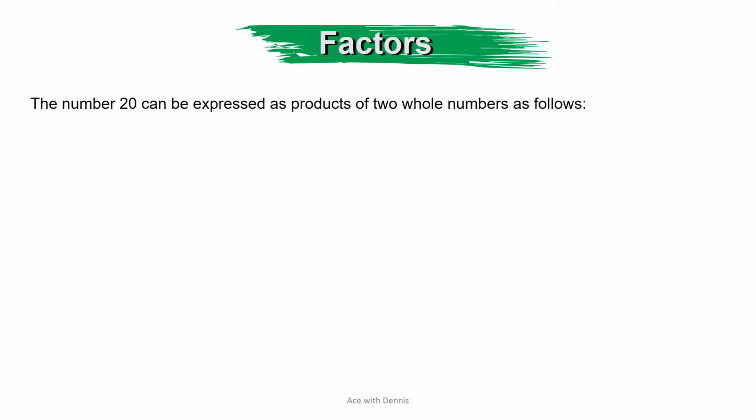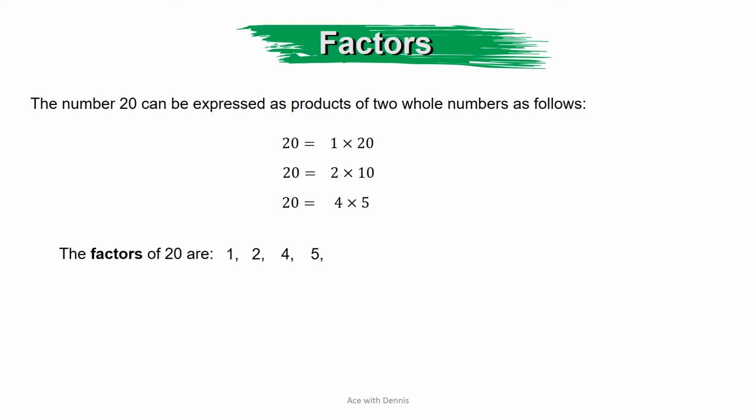The number 20 can be expressed as products of two numbers as follows. 20 equals 1 times 20. 20 also equals 2 times 10. 20 also equals 4 times 5. From here, the factors of 20 are 1, 2, 4, 5, 10, and 20. 20 is divisible by each of its factors.